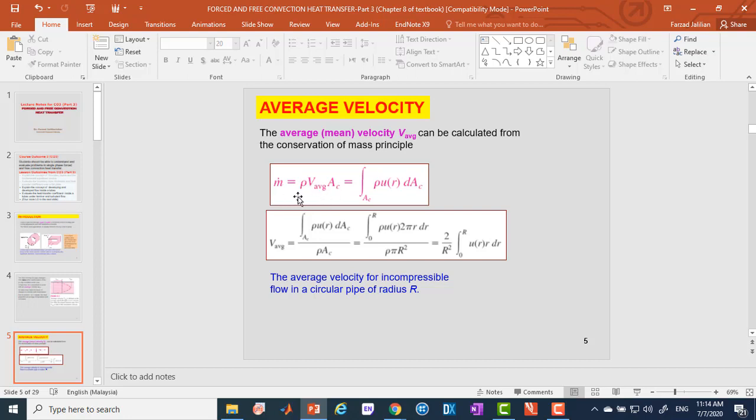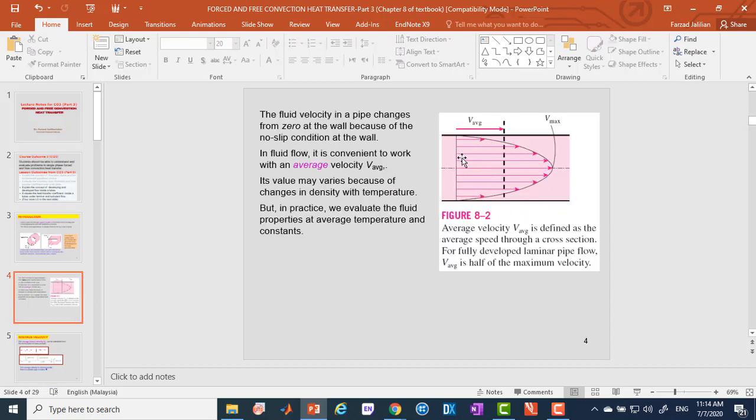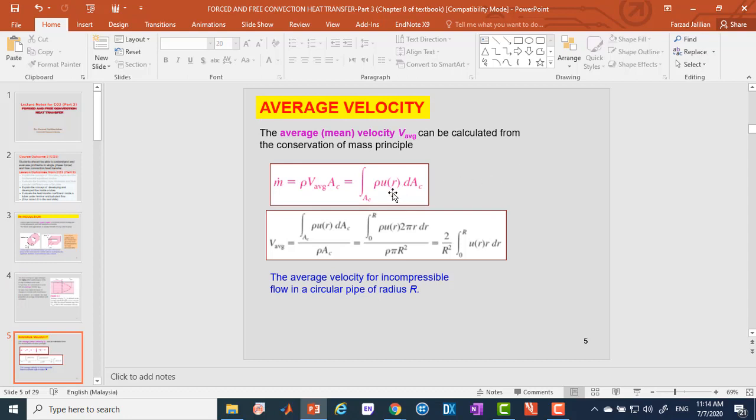Rho V average AC is m dot, and it is also equal to, we can calculate by this equation, the integration of rho u(r) dAC. This integration should be over the cross-section area of the fluid flow. Rho is again density, and u(r) is the relative velocity of the flow at the distance r from the center. Imagine this is a circular pipe, so in this direction we have r, lowercase r.